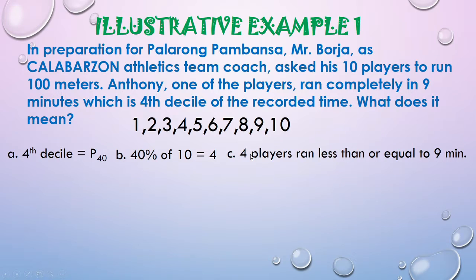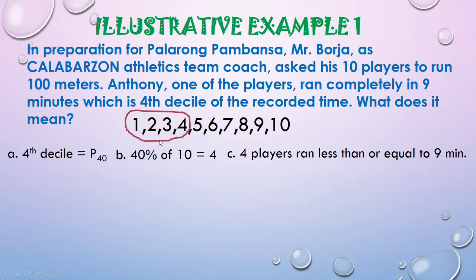And kung 4 players ang run less than or equal to 9 minutes, siyempre, binanggit ko kanina, kukunin natin yung opposite. So, ano naman yung opposite ng nag-run less than or equal to 9 minutes? Siyempre, kukunin naman natin yung nag-run more than 9 minutes. So, para natin makuha yan, kasi alam natin na ang takbo ni Anthony ay nasa fourth decile or 40%.